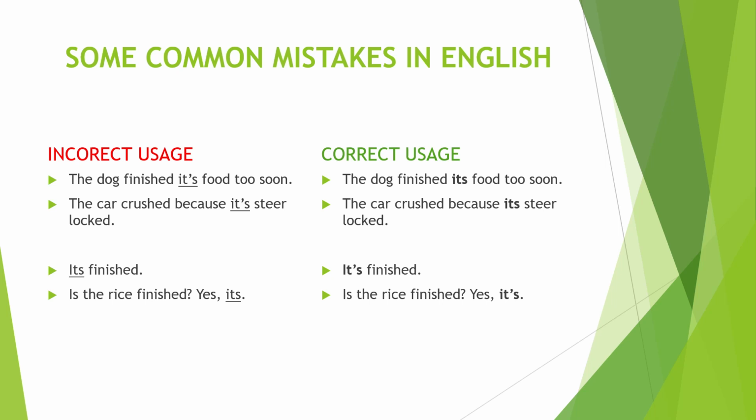So in this case, it's a possessive pronoun we need to use, not the contracted form of it is. For example, let's read the incorrect one at the left side of the screen, and instead of saying it's, we'll replace it with it is, because that's actually what it means.